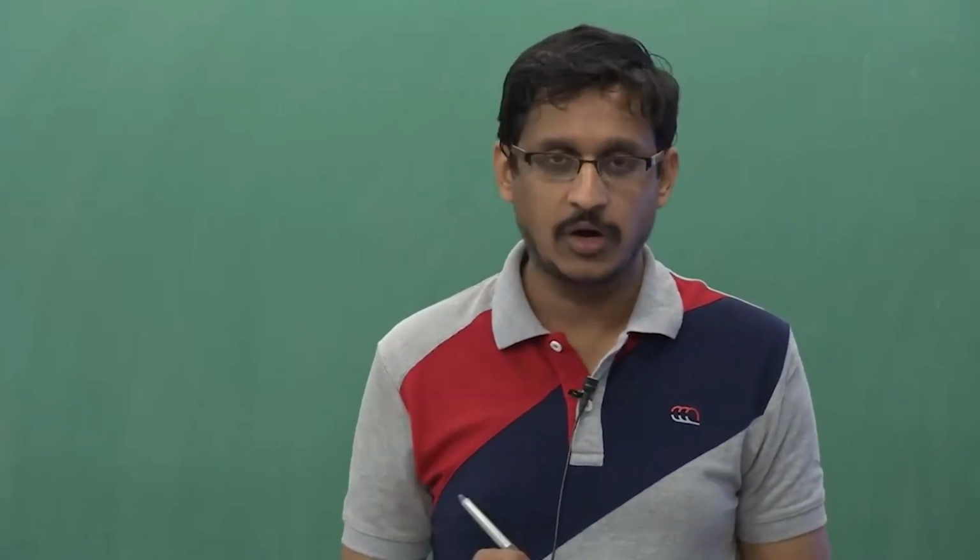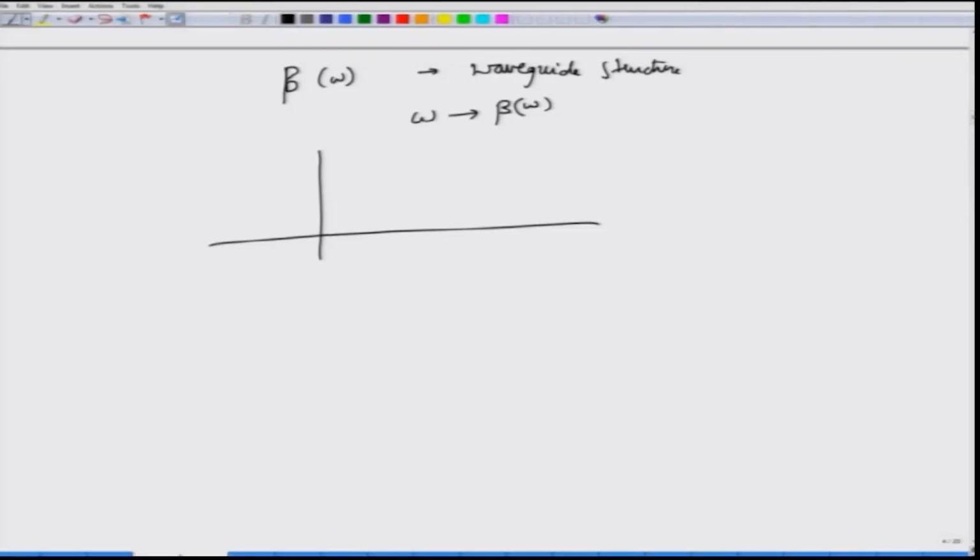Luckily for us, people have solved it earlier, and the results are this equation which we wrote down slightly earlier in the module today. So, this gives you beta as a function of omega. If you would like, you can also make beta a function of lambda. Okay.